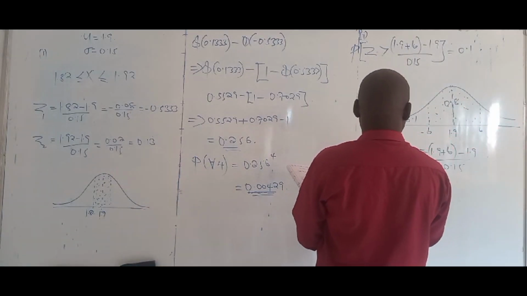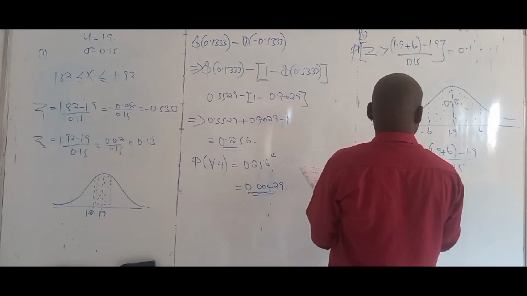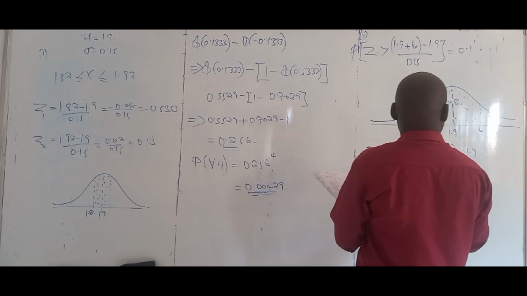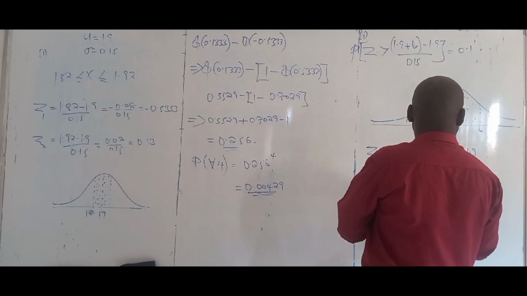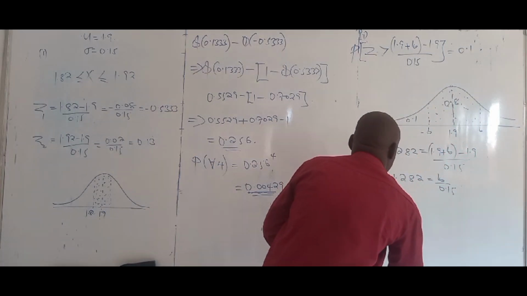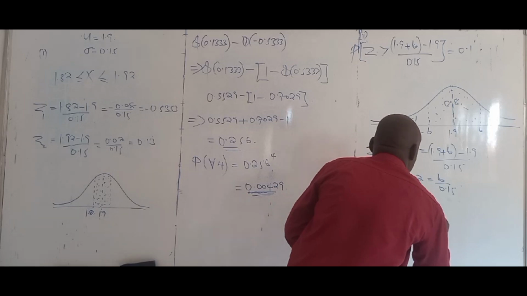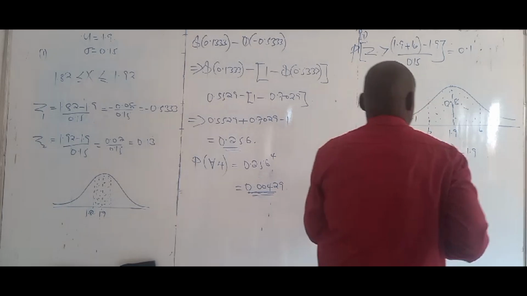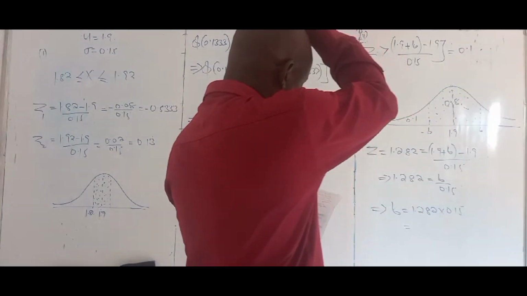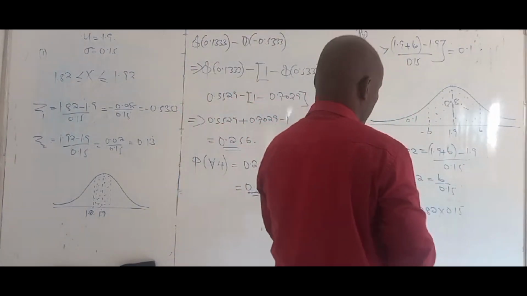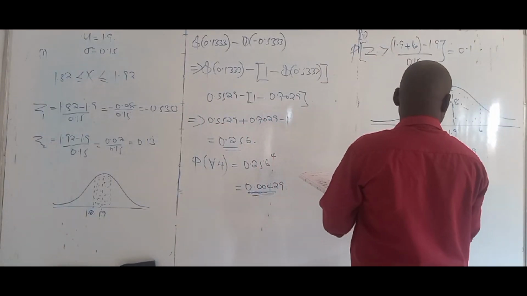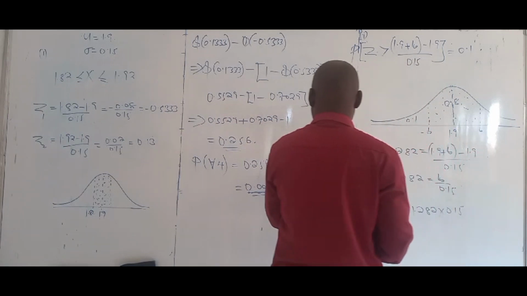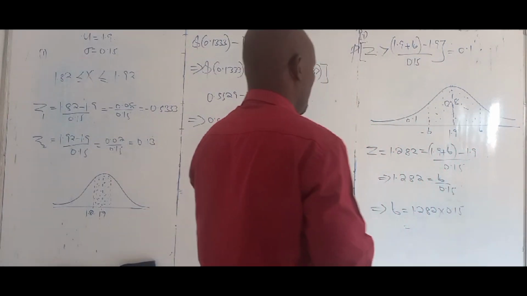So this 1.282 is equal to B over 0.15, implying that B is 1.282 times 0.15. So this now should be the upper limit. If you multiply this by this, then it should give you the upper limit, what we have there.